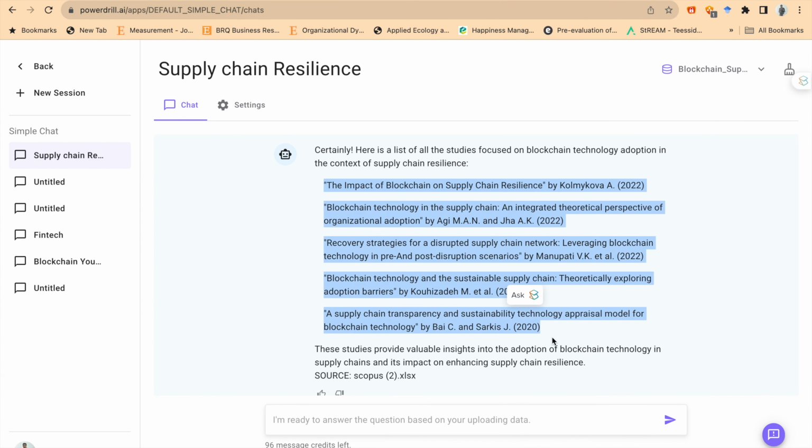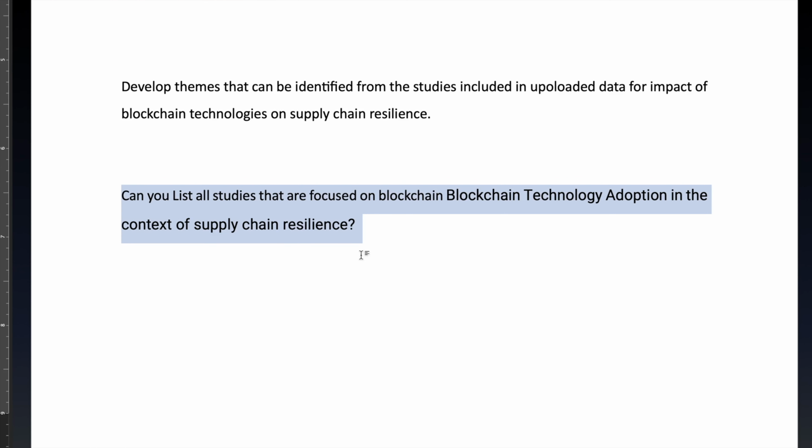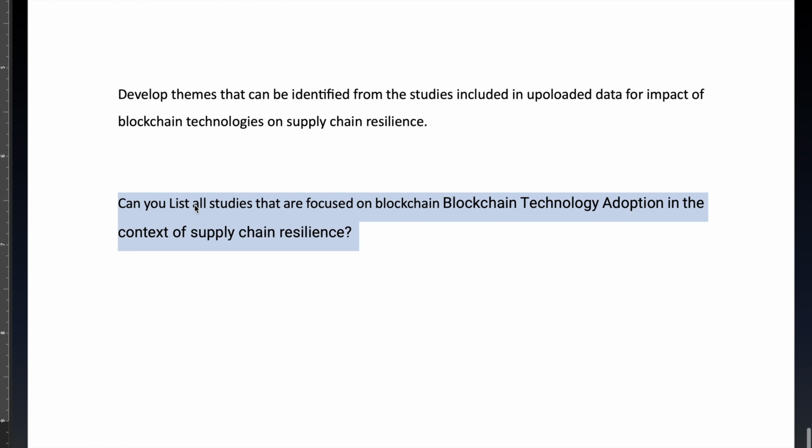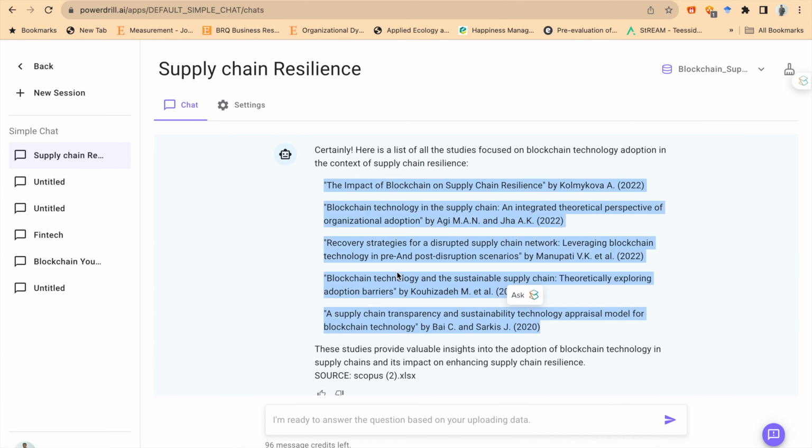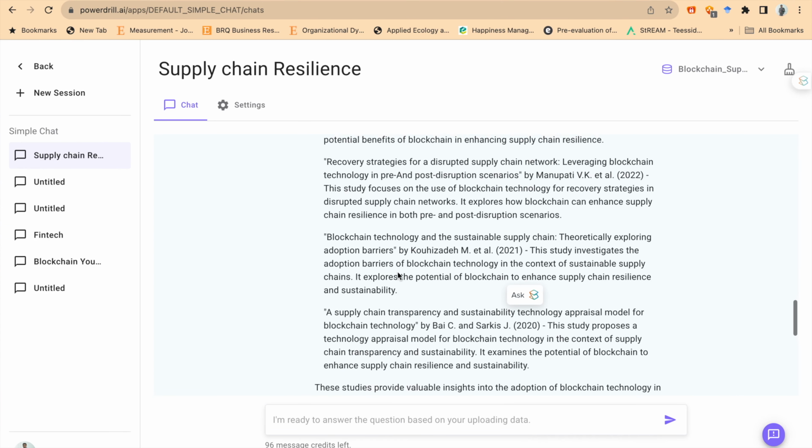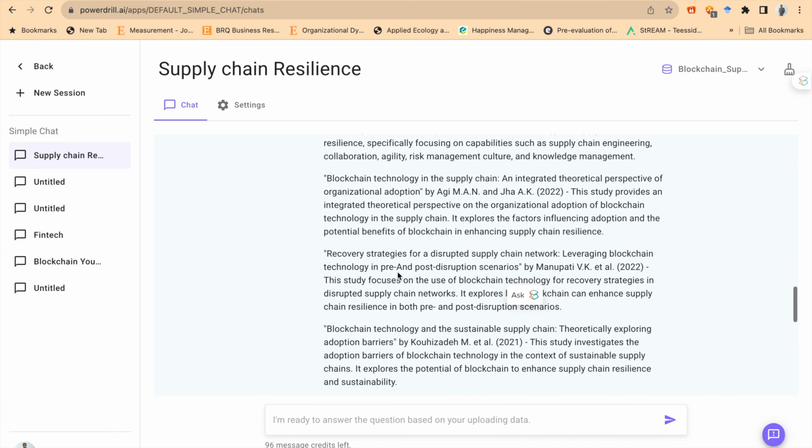Okay. Now with these 2 prompts, when I used "the studies" and "all studies", it gives me a different result. There is a little bit of difference in the results, because when we talk about the studies, it gives some detailed discussion as well.